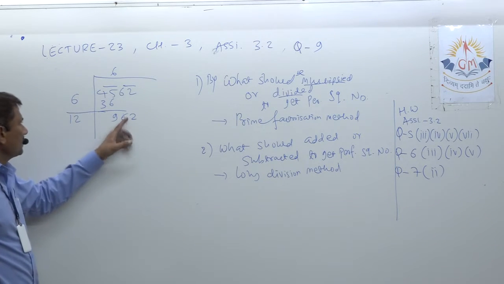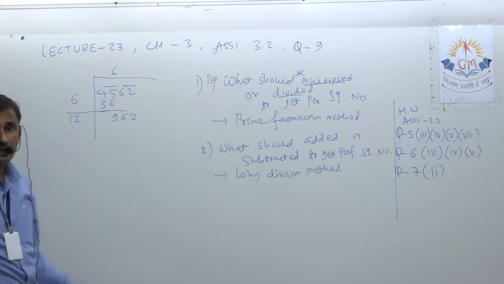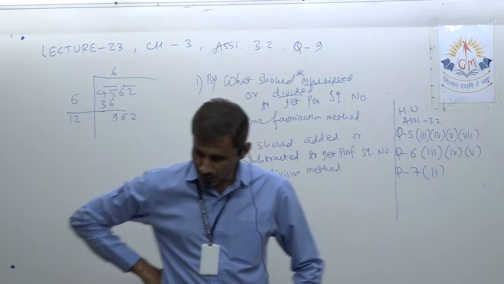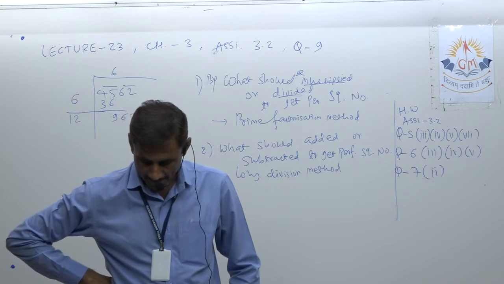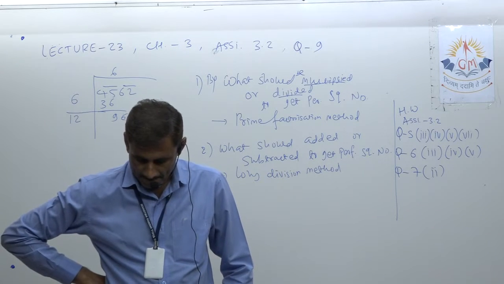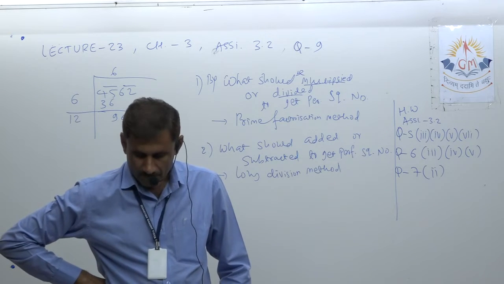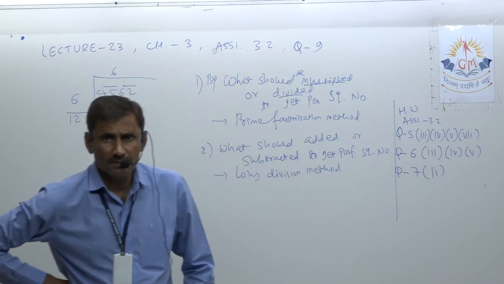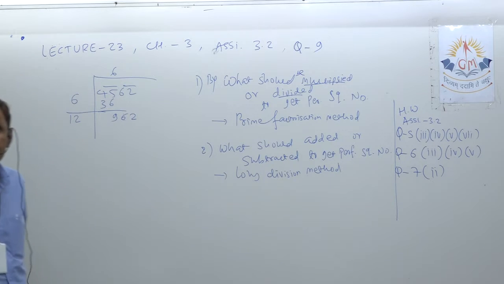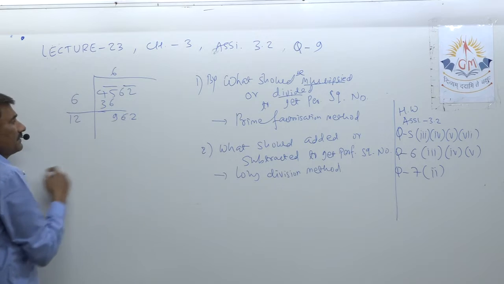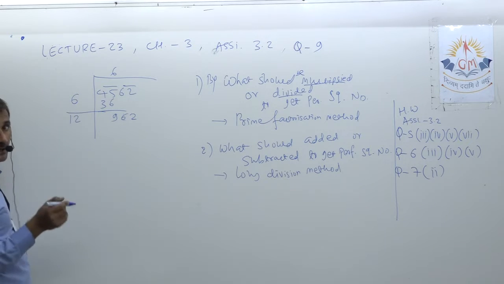Now try to reach here. Obviously it is not a perfect square number. Why? Because they are telling us what should be added or subtracted. So obviously not a perfect square number, some remainder may be there. Now look here, 121 ones, 122 twos, 123 threes, like that.